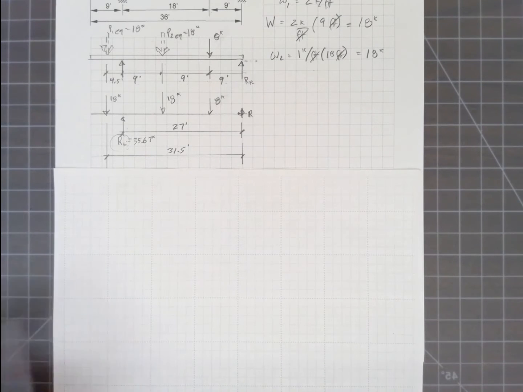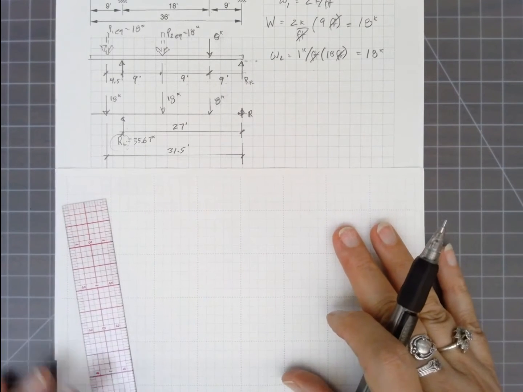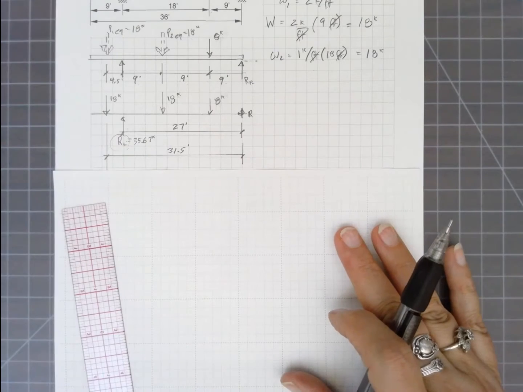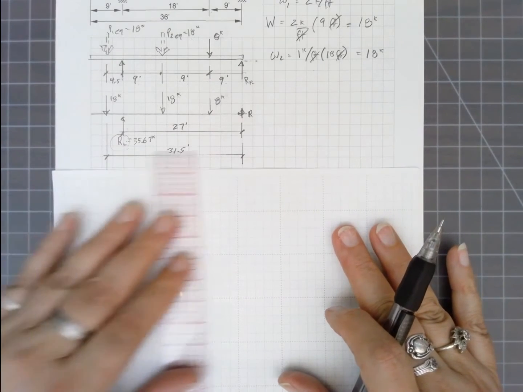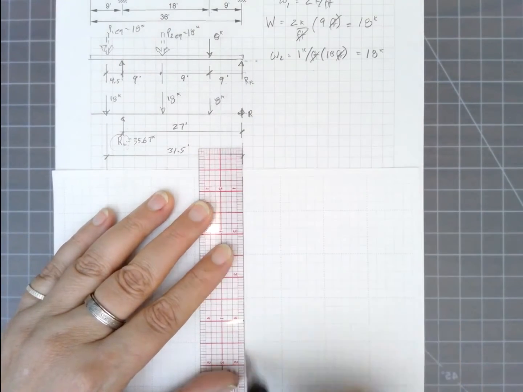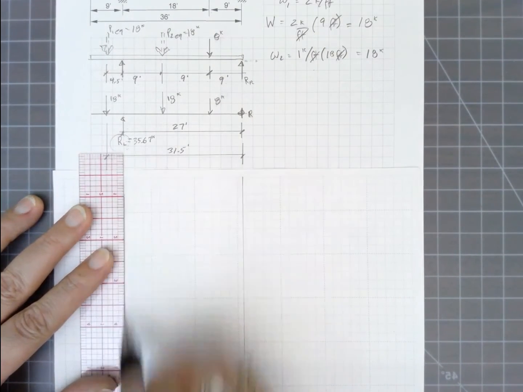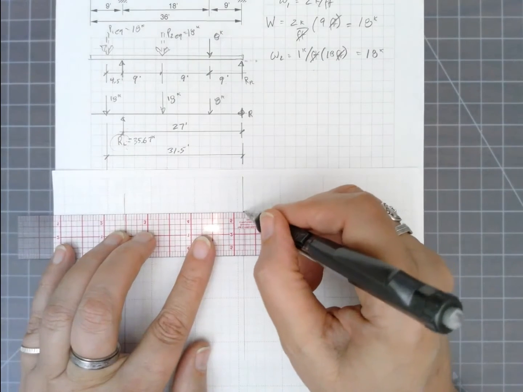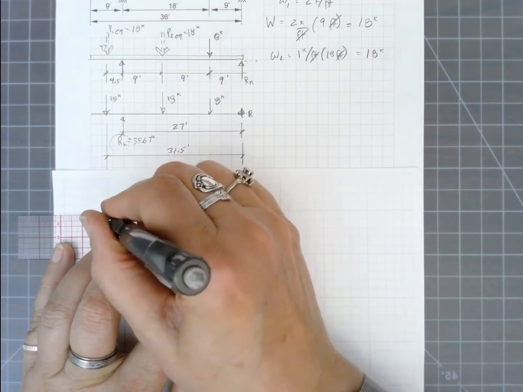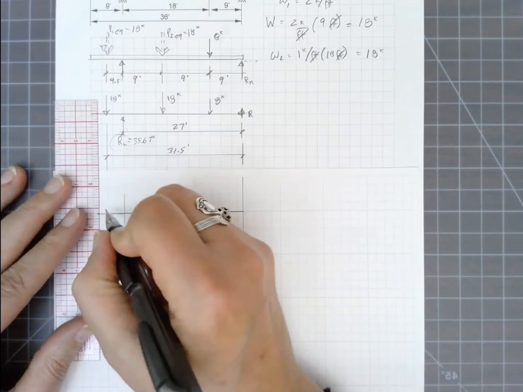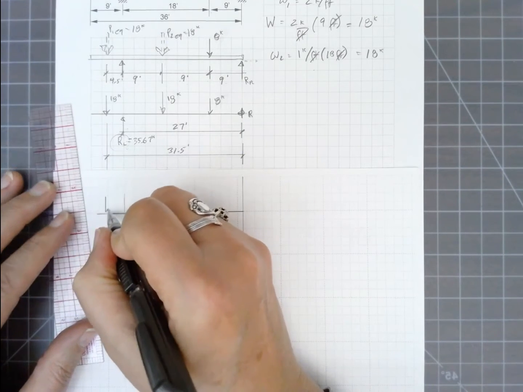So what I want to do is actually drop these lines down. I've got a different grid pattern on here, so it won't line up quite the same, but we'll get it close. So again, I've got 18 kips here.